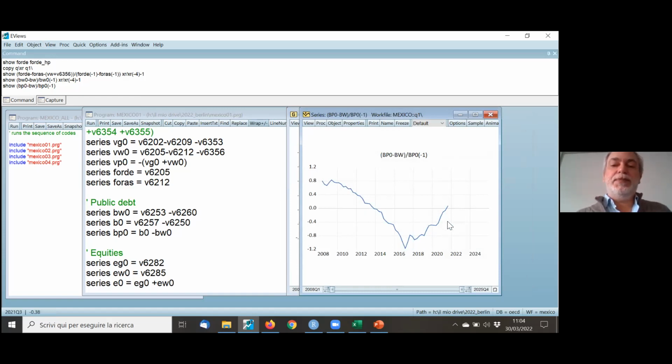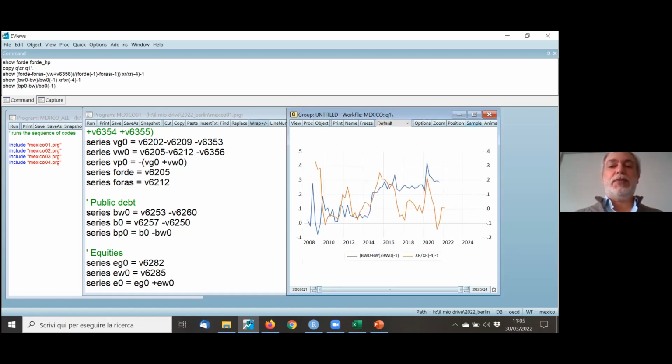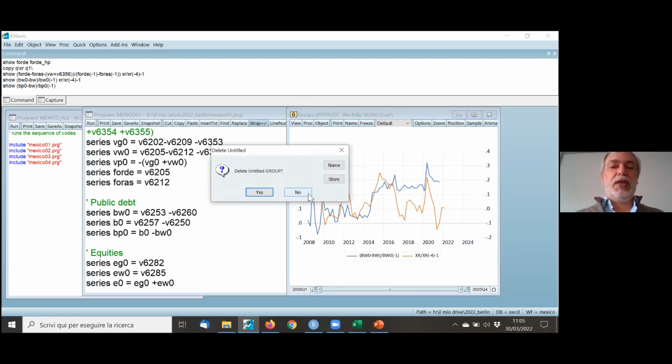So this makes us suspicious that this is a good way to measure these capital gains, because what this is saying is that the capital gains of the foreigners are a capital loss for the domestic holders, and this is not what should happen if we're properly measuring these things. So I would really give up also on this attempt.